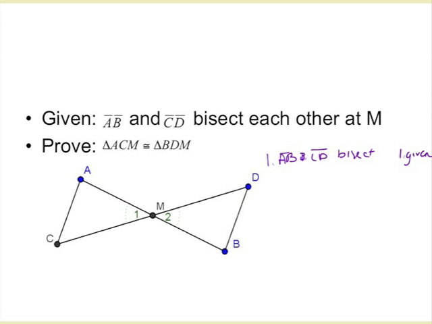They're intersecting each other right in the middle, which means that we get some equal pieces. So AM should be equal to BM, because M is in the middle, and CM should be equal to DM, because M is in the middle. So that's what we want to say next, is that we get some congruent segments.